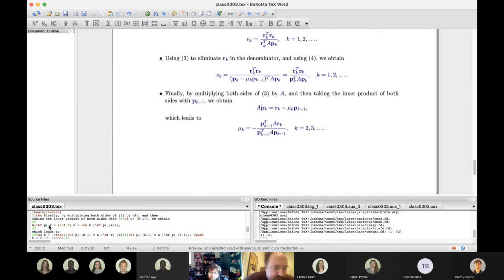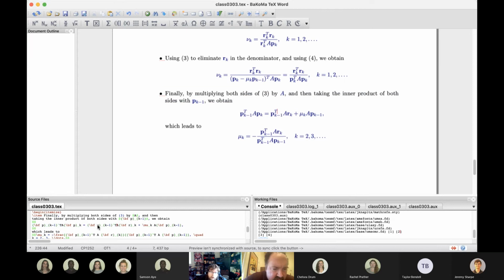Well, first multiply both sides by A, and then inner product of both sides with p_{k-1}.